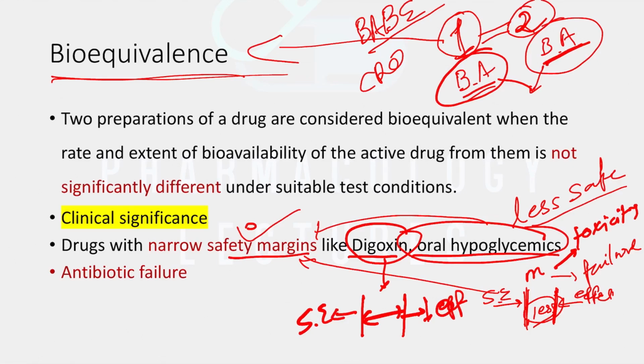In this kind of narrow safety margin drug, bioequivalence and checking bioavailability is very important. Antibiotic failure, sometimes we give an antibiotic and we do not get any response, so this kind of bioequivalence or bioavailability related studies becomes really helpful in detecting the results.